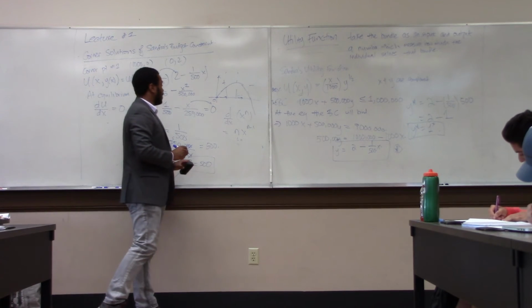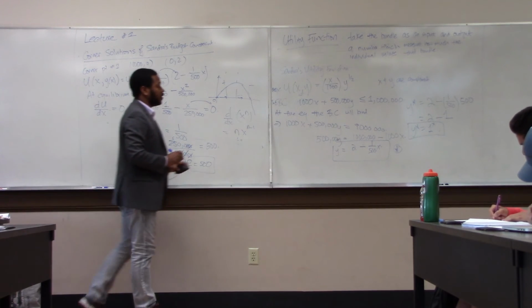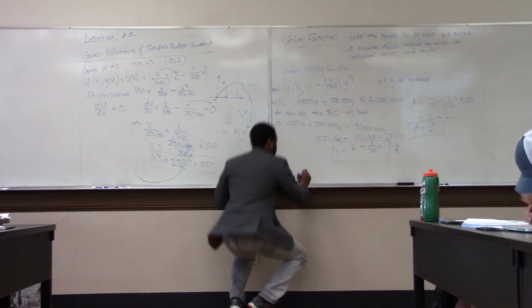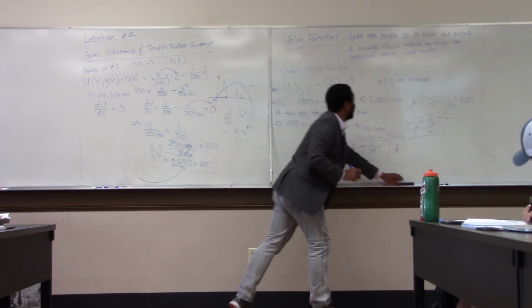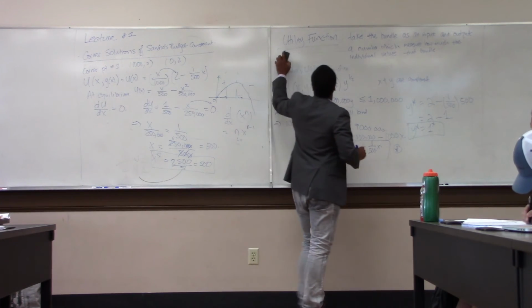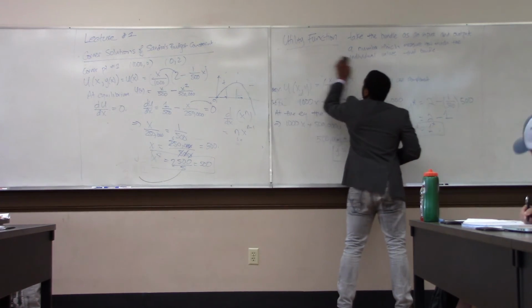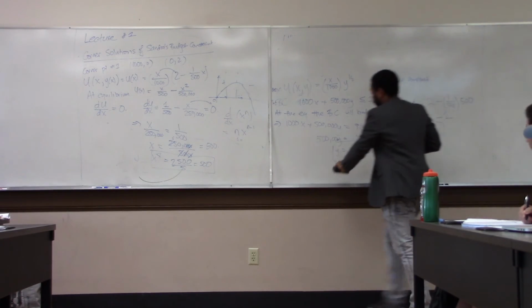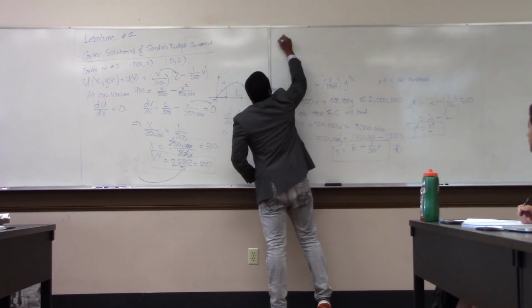So what this tells us then is that our optimal bundle is going to be, and I'm going to write it down here. You may not be able to see that, so let me go over here. What's the optimal bundle?